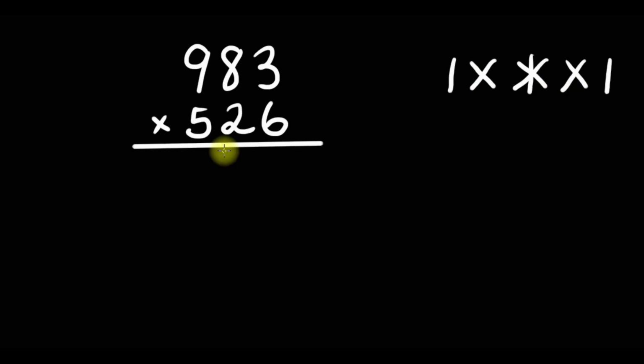So first thing we have to do is take 3 times 6. Okay, so that's your up and down. So that is going to give you 18. So we write down an 8 here. And then we carry a 1. So plus 1 to the next one. And then the next one is going to be diagonal going this way.